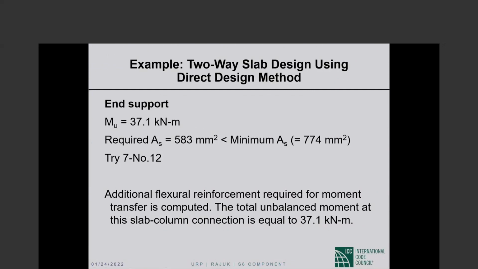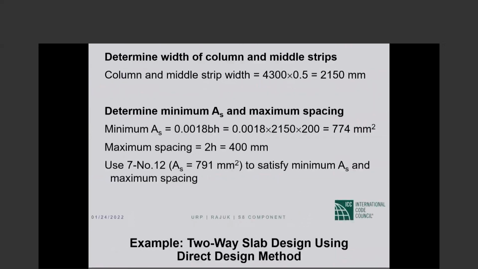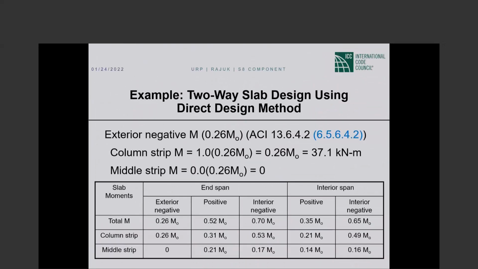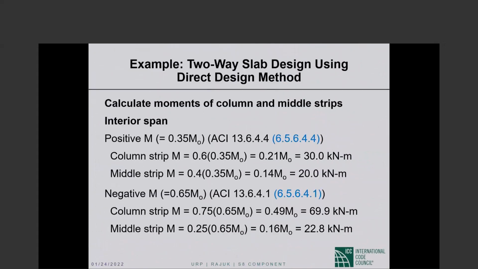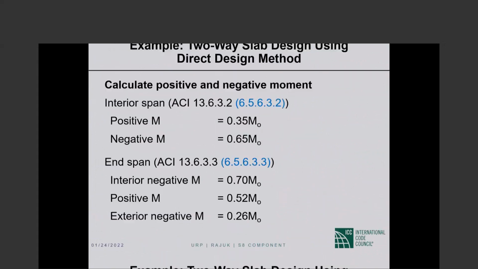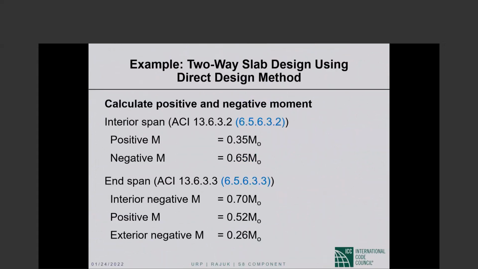Okay, now we are at the end support. The M sub U is 37.1 kilonewton meters. That was determined a long time ago.